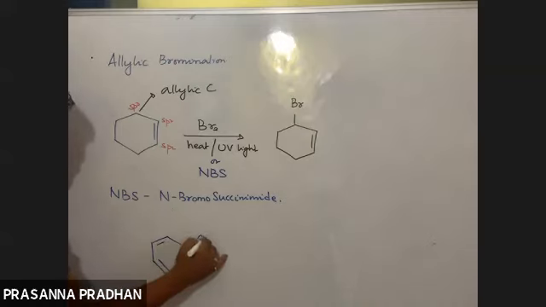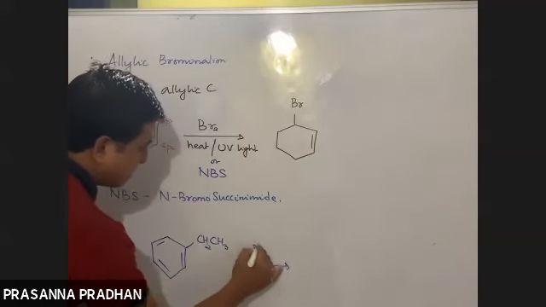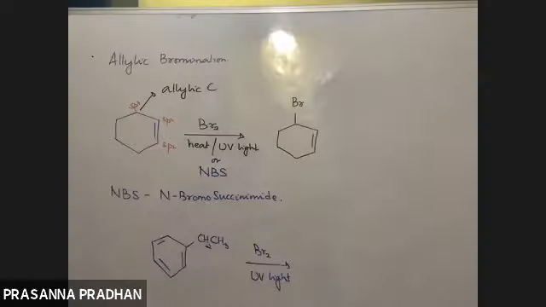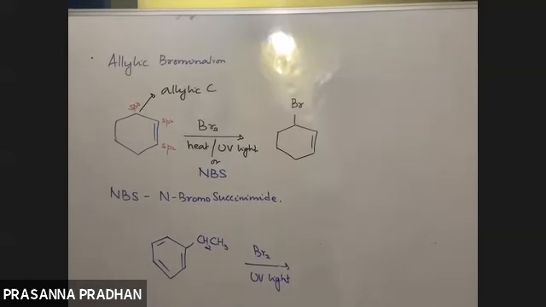If I have ethyl benzene, I am treating this with bromine in the presence of UV light. Ethyl benzene with bromine, UV light or bromine heat, whatever, substitution occurs at the allylic position.